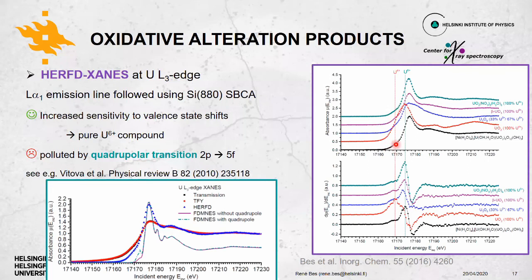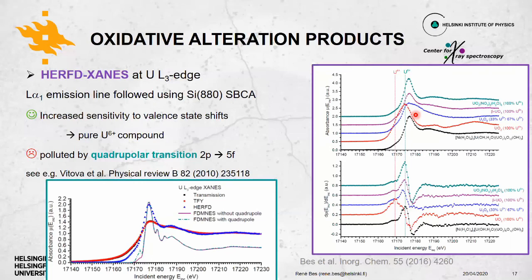The signal corresponding to the quadrupolar transition will be the 5f, and they are going to shift as a function of the valence state as well. So if you have a mixture of valence states, you will have two peaks shifting probably in different ways. It makes life a little bit more complicated to find where the valence state is. Is it clear?